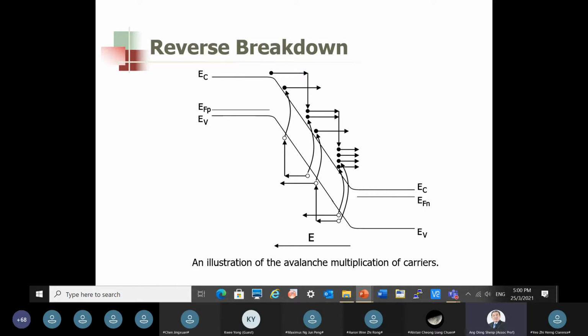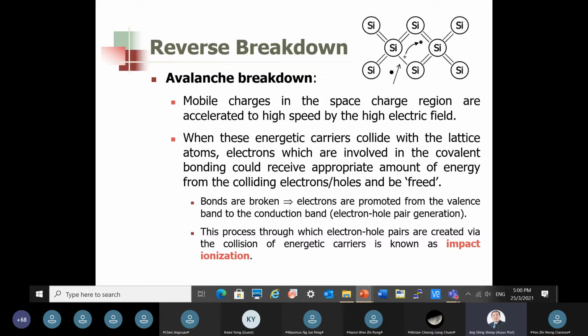Okay, now the impact ionization is caused by an energetic carrier of a certain mass colliding onto another carrier, thereby in the process, the excess energy of the energetic carrier is transferred to the less energetic carrier. So I wouldn't say it is caused by the charge.